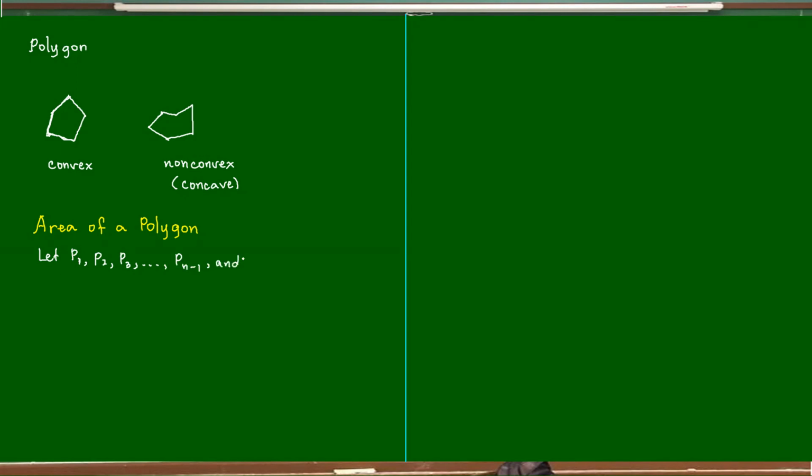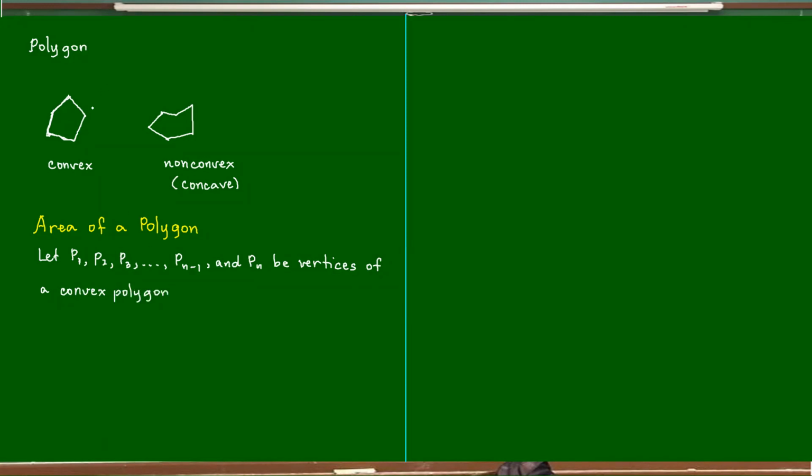And then the last one is P sub n, be vertices of a convex polygon.